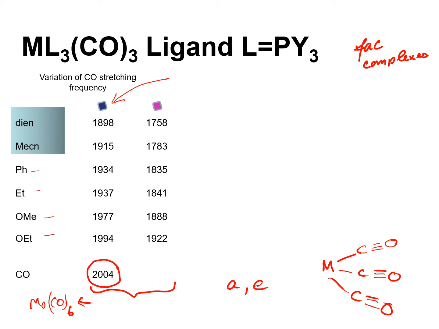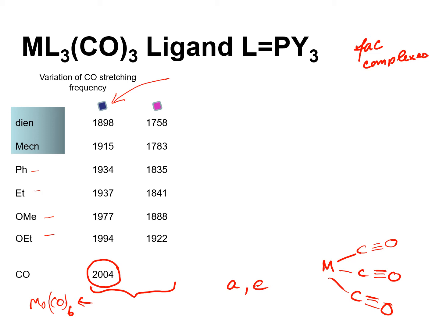So what you find is that as the electron withdrawing capacity of the groups on the phosphorus increases, the stretching frequency seems to be going up in value, which means less pi acceptor character of the CO is being manifested, which means the phosphorus ligand is also competing for the pi acceptor character.